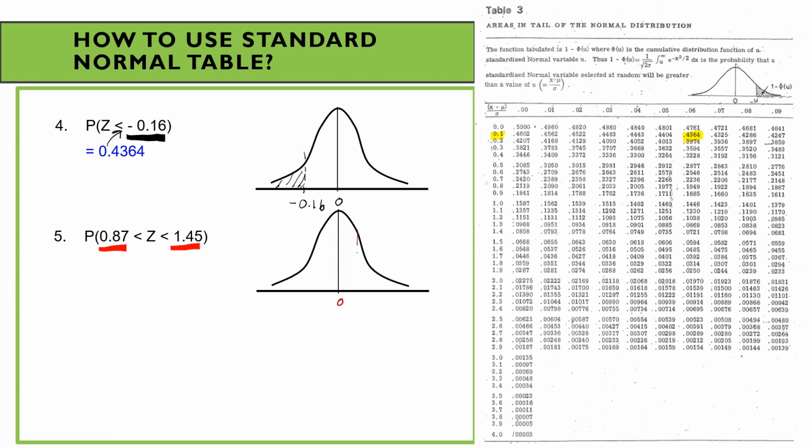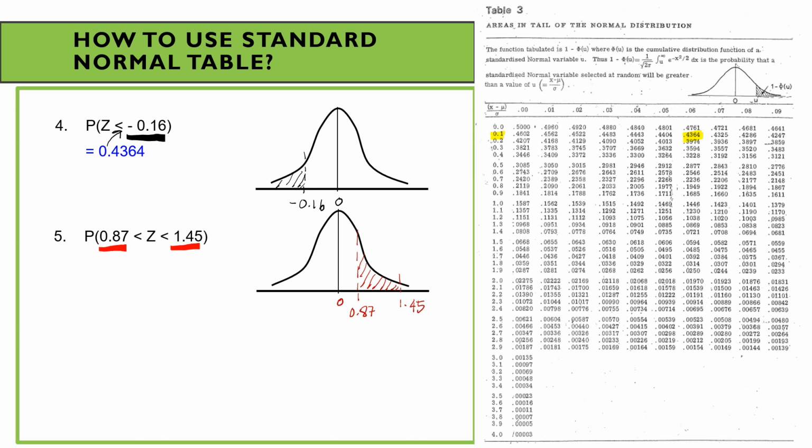So 0.87 and then 1.45. So the region is here. Okay. Therefore, what you need to do here is find two probability values.